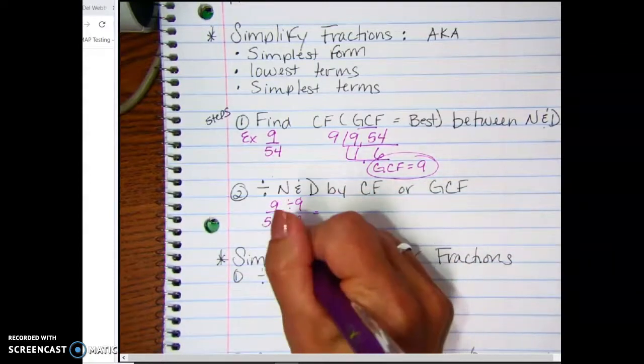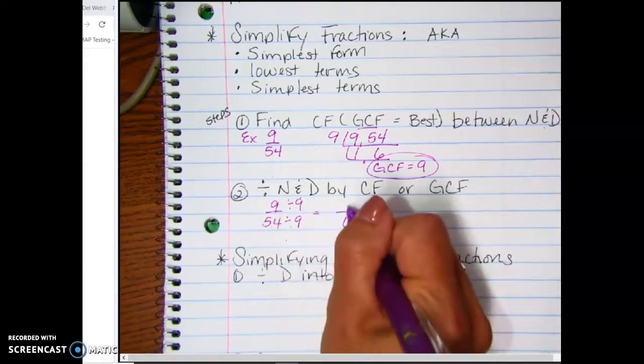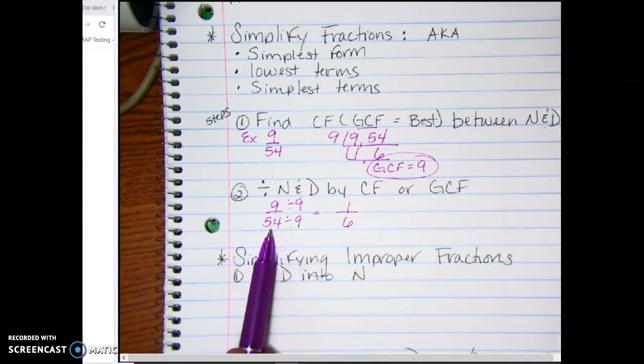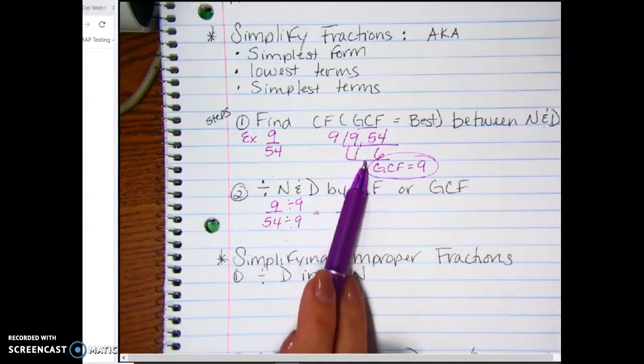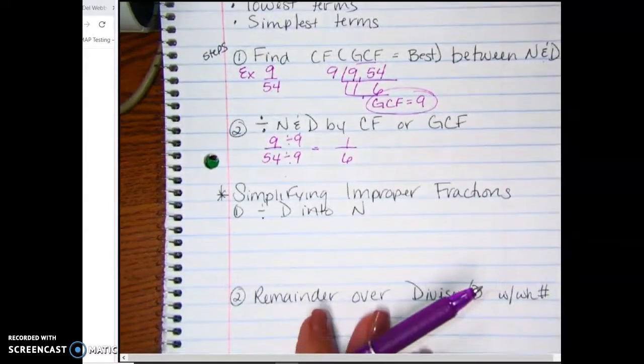And I end up with 54 divided by 9 is 6, and 9 divided by 9 is 1. So here is my answer. My simplified fraction of 9/54 equals 1/6. Look at how it relates to the greatest common factor. Oh, 1 and 6. Very nicely related.